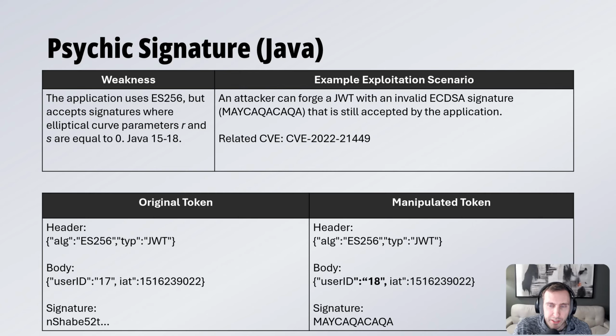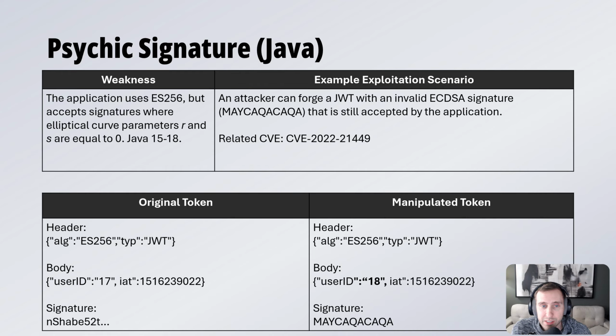This vulnerability is a relatively unique one. It impacts unpatched versions of Java 15 to 18. The CVE was reported in 2022, so I would guess that there are probably a number of vulnerable instances out there. This is known as the psychic signature, and it results from a cryptographic issue where the parameters of elliptic curve algorithms, the parameters R and S, are set to 0.